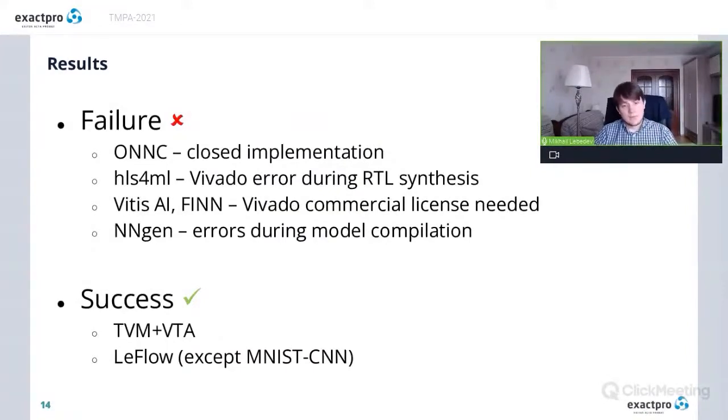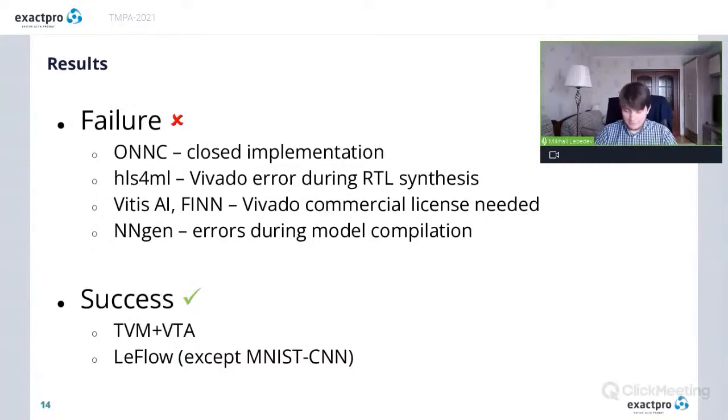Only 2 open source tools have managed to run our examples on FPGAs. The first one is the TVM tool plus the versatile tensor accelerator coprocessor core, and the second tool is the LeFlow tool.